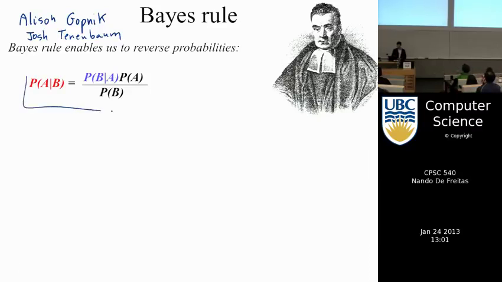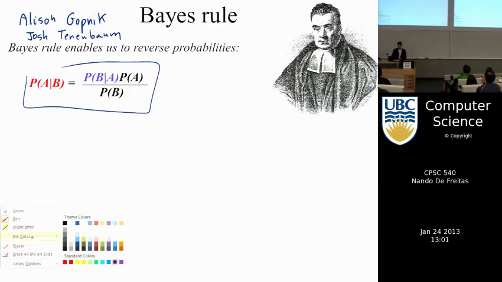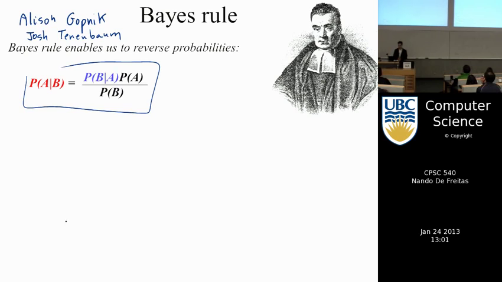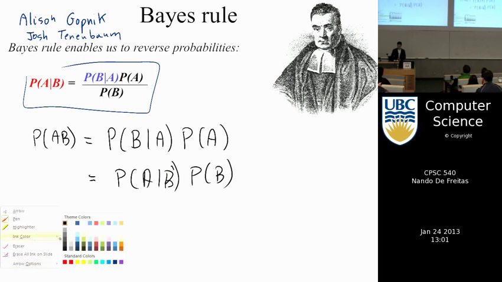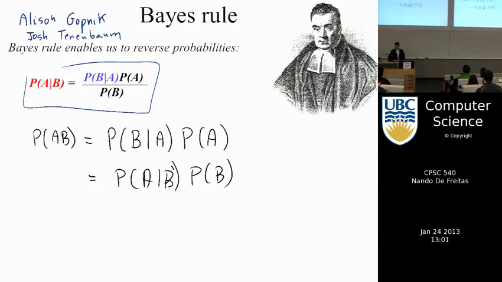It's essentially this formula that's here, and it allows you to invert two things. Let's parse this a little bit. A rule of probability is that the joint distribution of two variables is equal to the conditional times the marginal: P(A,B) = P(A|B) P(B). To get the definitions right, let's give these names.